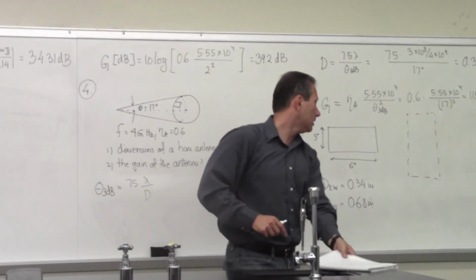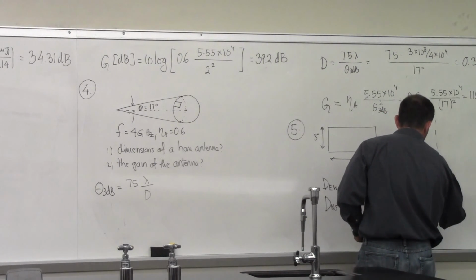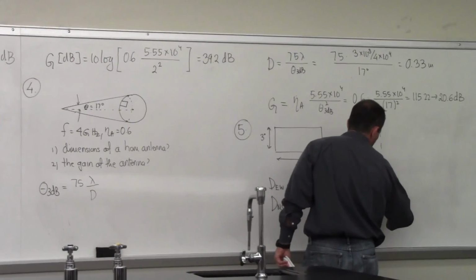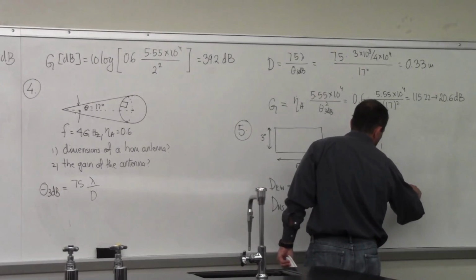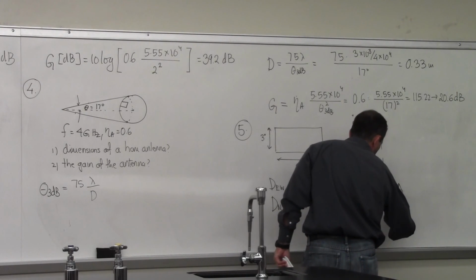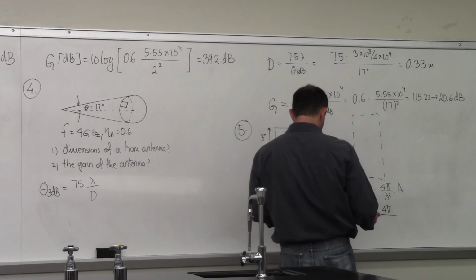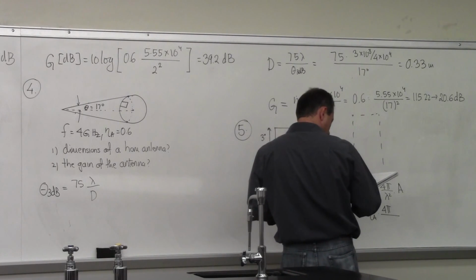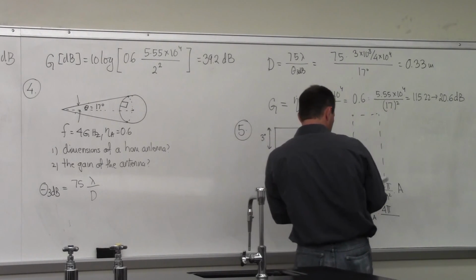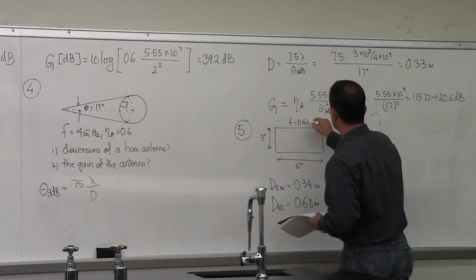And then the gain of this antenna, if you were to calculate, we're going to use 4 pi over lambda squared times its physical size. And this is a rectangle, so this becomes 4 pi A over lambda squared, and what is lambda here? It's 11 gigahertz, so frequency here is 11 gigahertz.